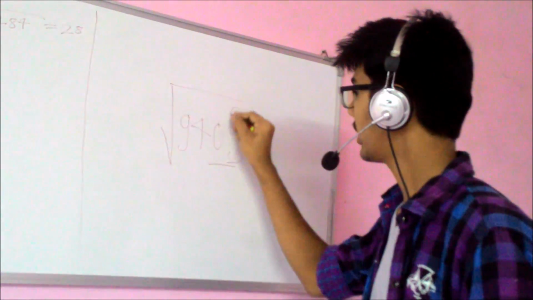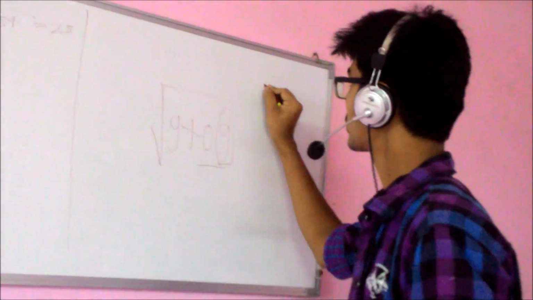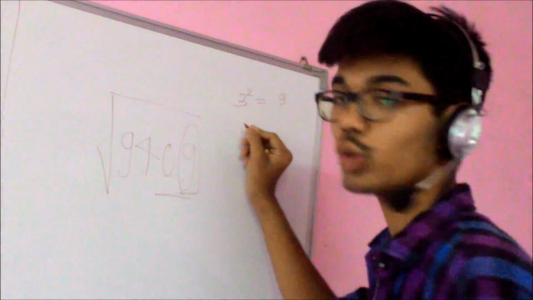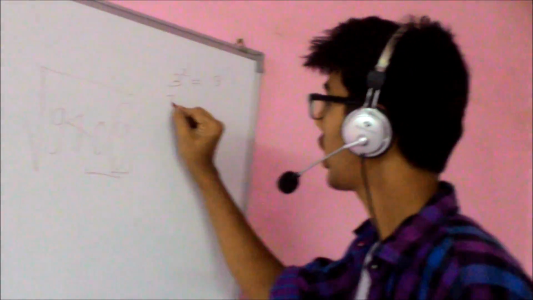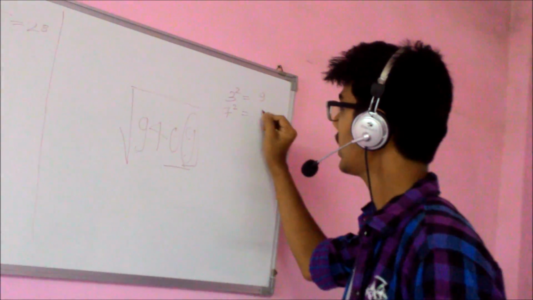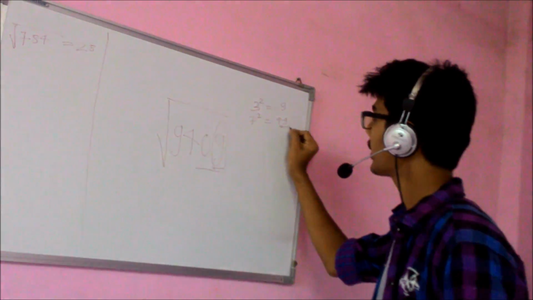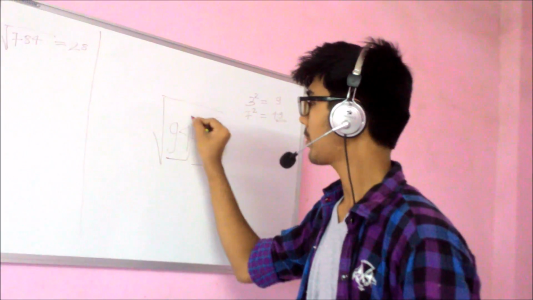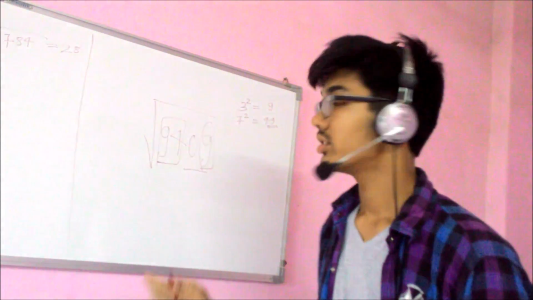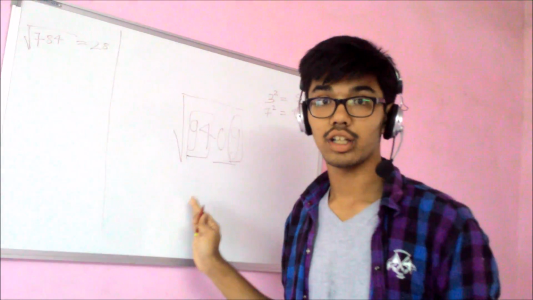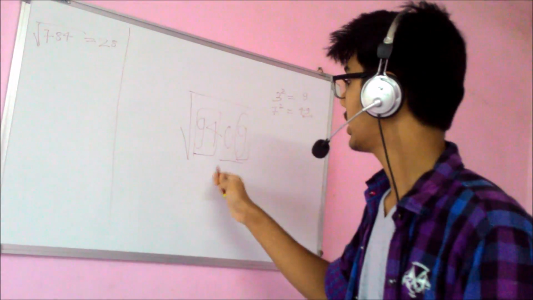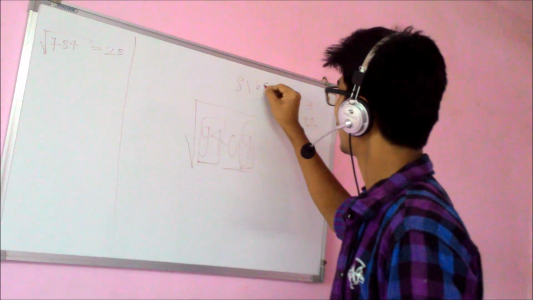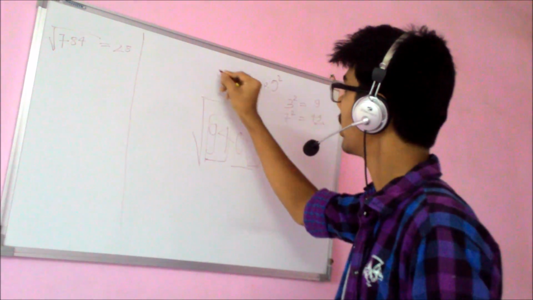The last digit is 9. The square of 3 is 9. Also, the square of 7 is 49, that is ending with a 9. Now, we take these two numbers. The nearest perfect square to this is 81, that is 9 square.